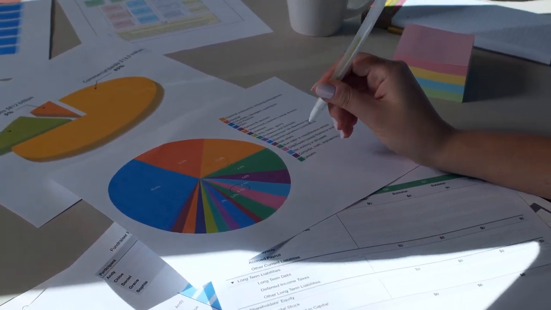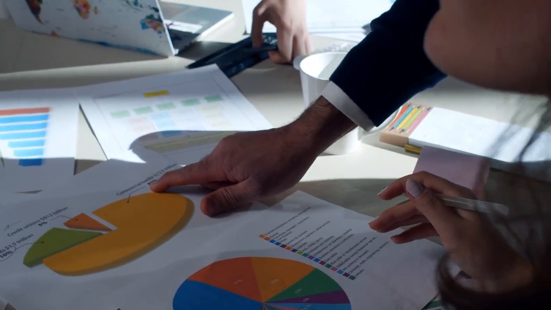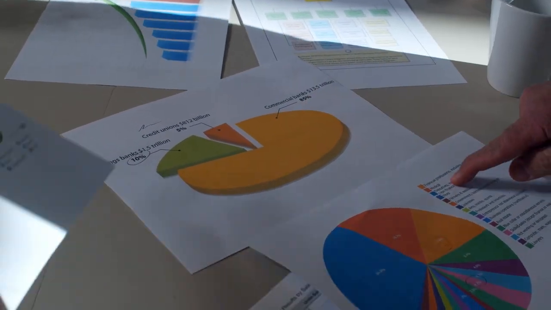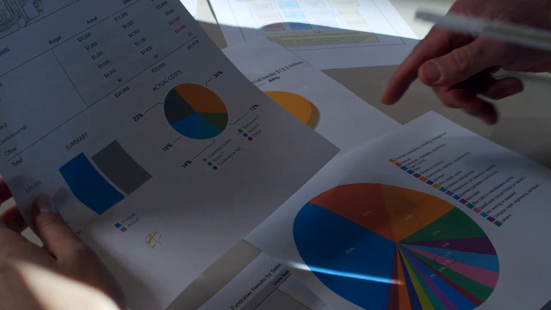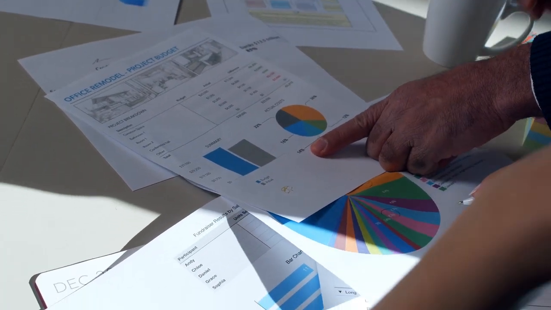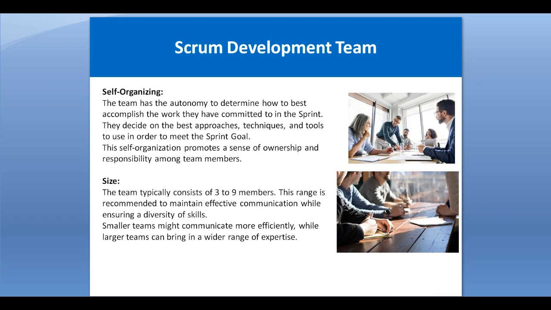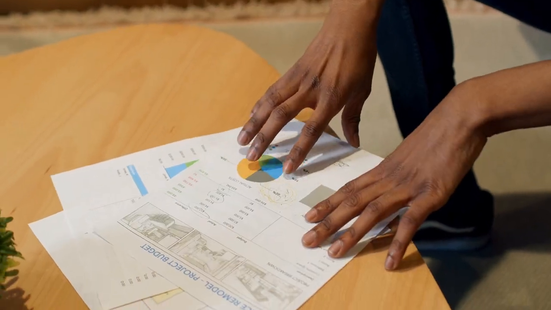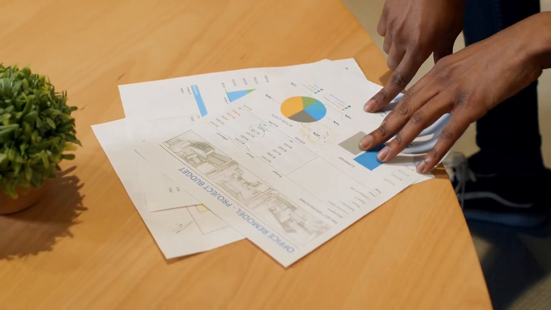So they take decisions by themselves. There is no concept of a boss in Scrum, because the Scrum team is self-organized and committed to the sprint.